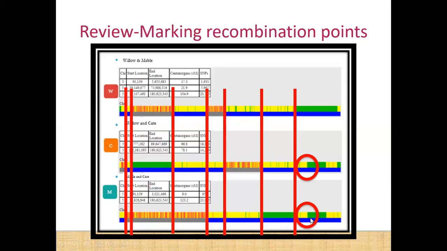Here in the Willow and Kate comparison, we see a change from a fully identical segment where DNA was inherited from both parents to a half identical segment where DNA was inherited from only one parent that was the same.